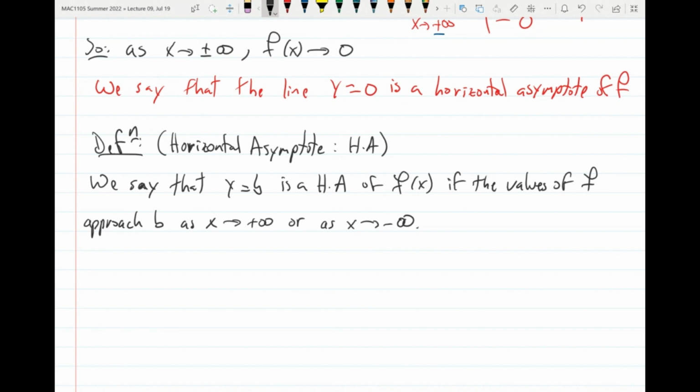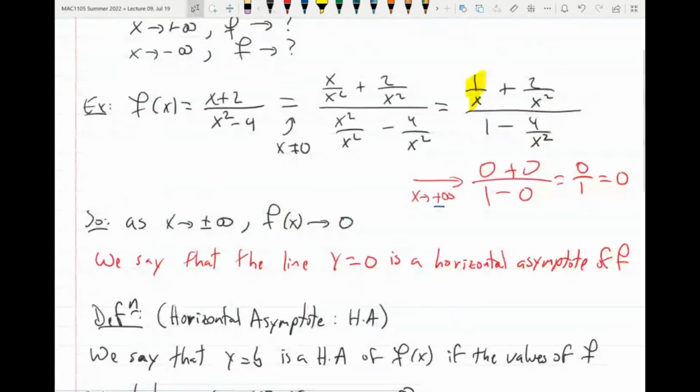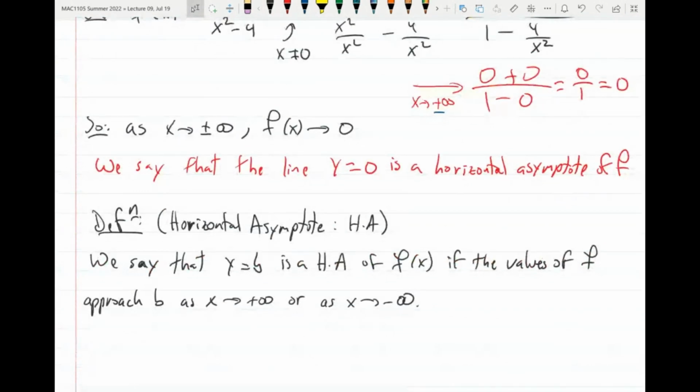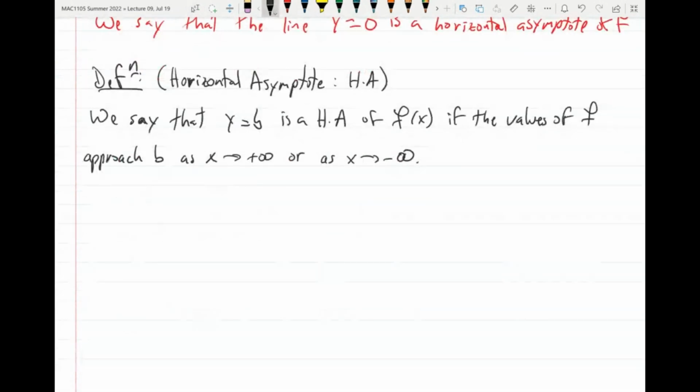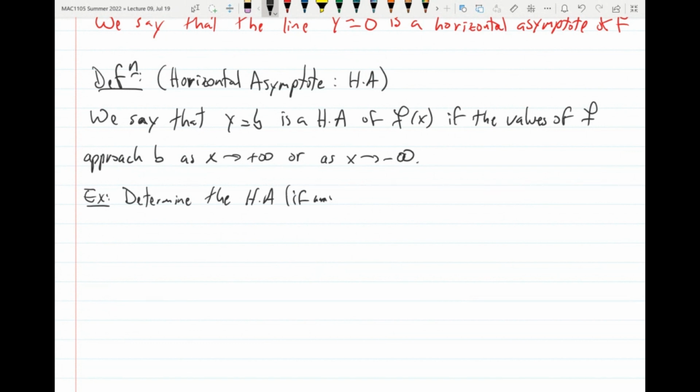So now let's just discuss how we actually find this for rational functions. We already have a little hint that if the degree of the top is less than the bottom, it's going to be 0. Okay? So, sample: determine the horizontal asymptote, if any, of the function.